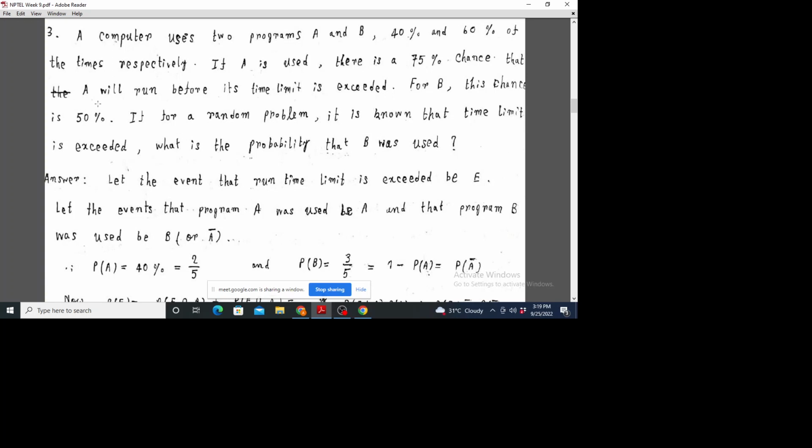Okay. Now for a random problem, it is known that the time limit has been exceeded. Now with this knowledge, what is the probability that B was used?